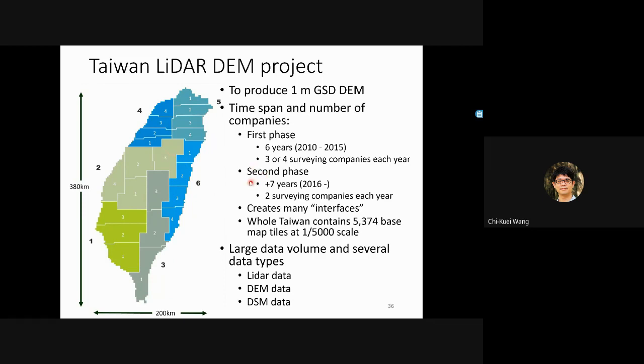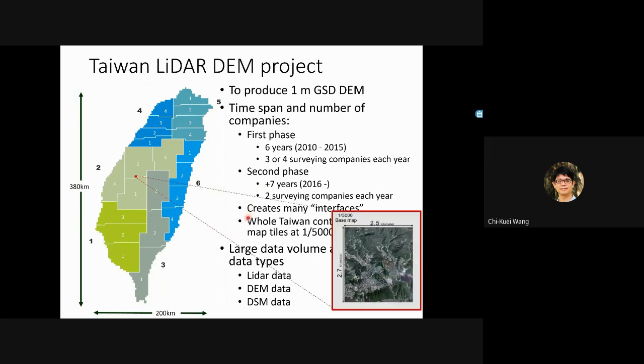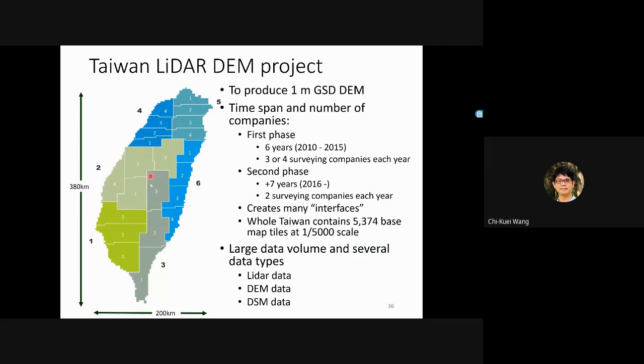We are in the middle of the second phase, actually almost at the end of our second phase, and for that we have 2 to 3 surveying companies each year. We have many interfaces. For each company, they only survey a small section of Taiwan, so there are many interfaces.